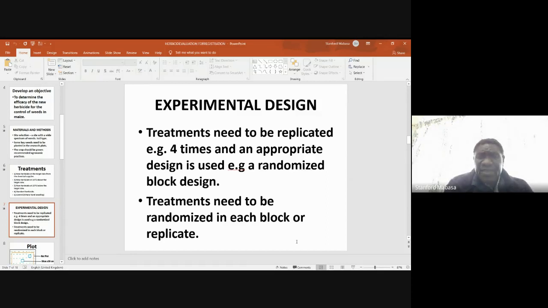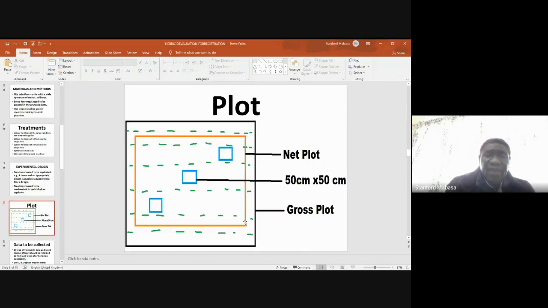Now, the treatments need to be replicated, for example, 4 times, and an appropriate design is used. For example, it can be a randomized complete block design. Treatments need to be randomized in each block or replicate. Here I've got an example of a plot.